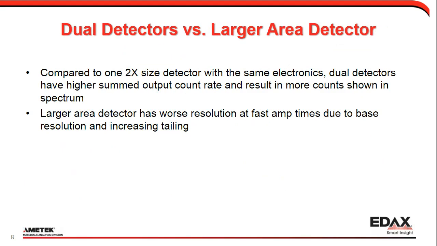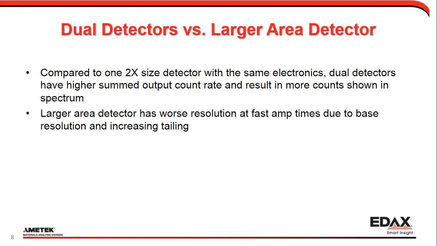A comparison between dual detectors and a larger area detector. Sometimes people may wonder if I should get a dual detector system or a single detector with larger chip size.